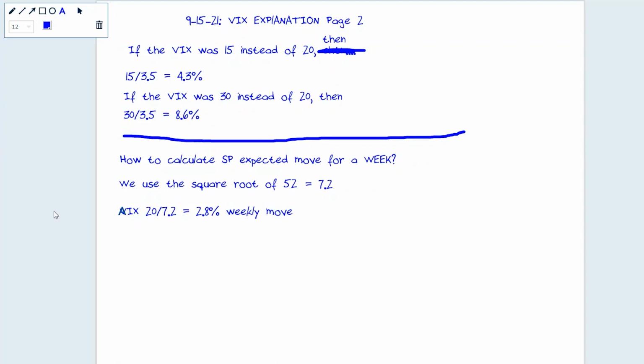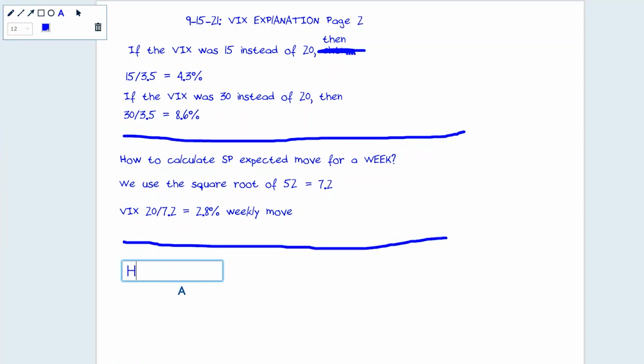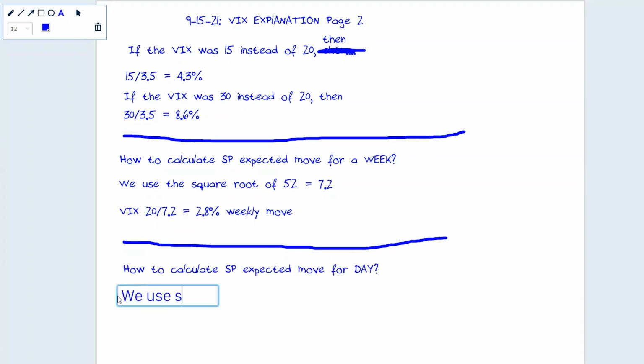And if we were looking for the daily move, which I personally think is the most important measurement to look at, we take the square root of 365. And we use 365 because even though there are only about 250-ish actual trading days in the year, 255, something like that, options don't stop working because of an off day in the market.